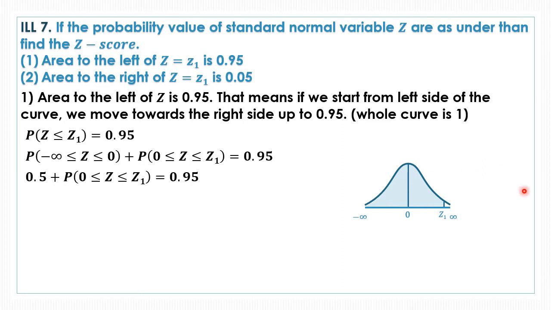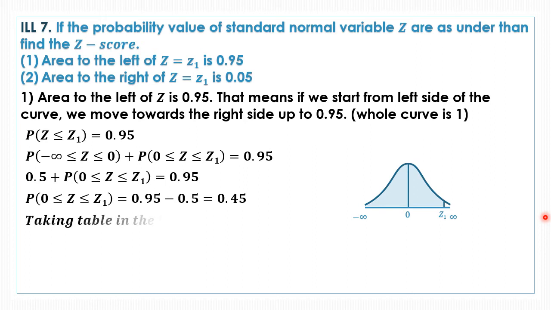I will just change the side of 0.5 to subtract it from 0.95. I will get 0.45. So now I have to take my table in the inverse order to find the probability 0.45, and the Z value for that 0.45 will be the value of Z1. We know that Z1 is on the positive side, so our answer should also be positive.